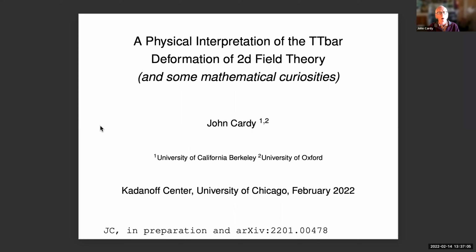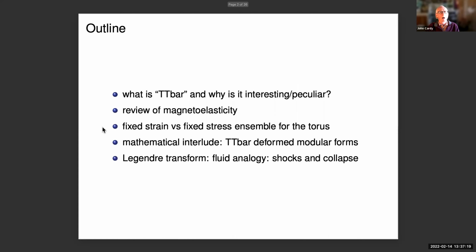So I assume that most of you have heard a little bit about the TTbar deformation. But I will give you a very brief introduction, and then I'll talk about the physical interpretation, which will be in the language of magneto-elasticity. That is the coupling of the underlying quantum field theory to an elastic medium.